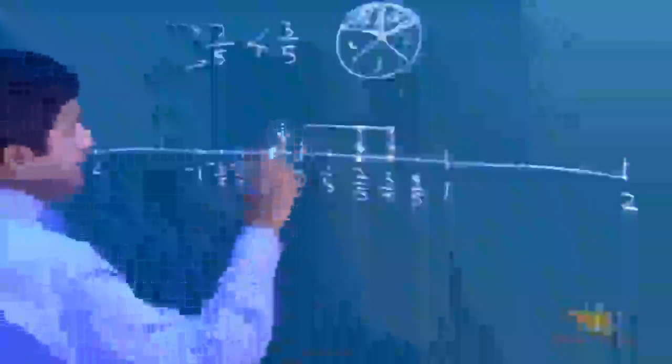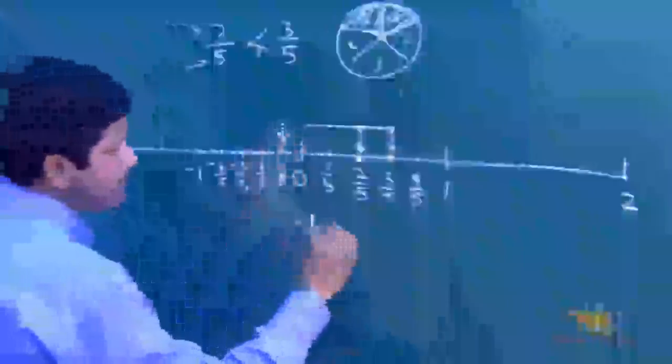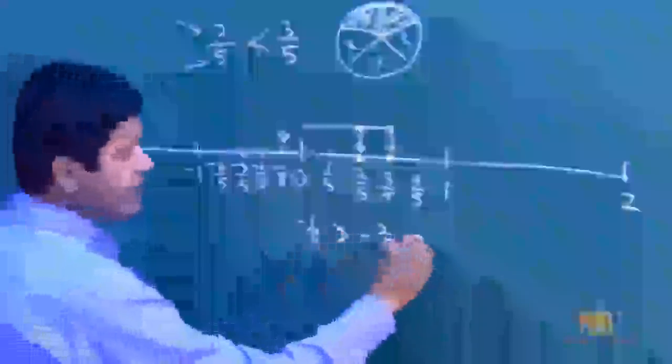As the number goes in this direction, it gets smaller. That means you owe more, so you're smaller. So negative 1 over 5 is greater than negative 2 over 5. Negative 2 over 5 is greater than negative 3 over 5. Negative 3 over 5 is greater than negative 4 over 5. See that?